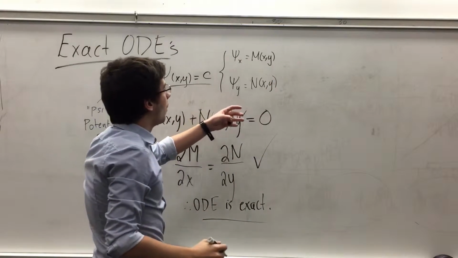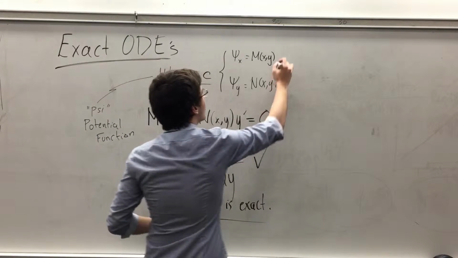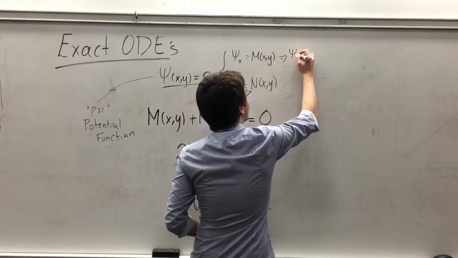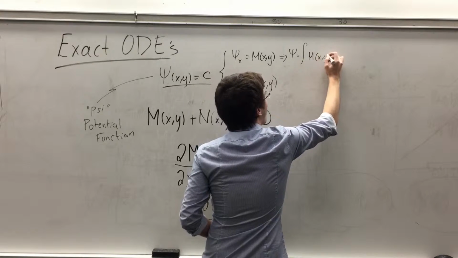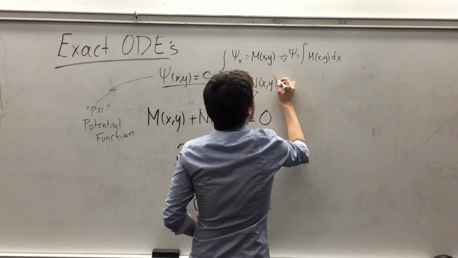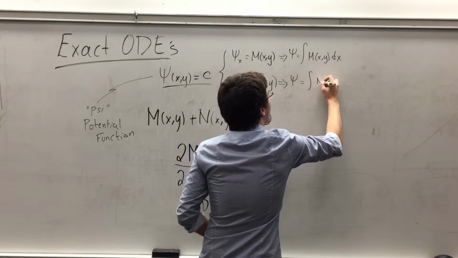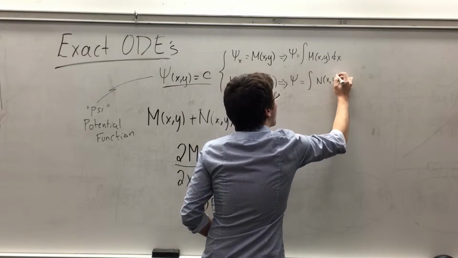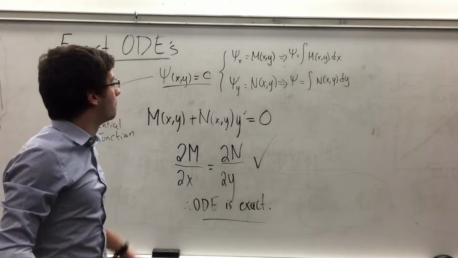So what we need to do to find psi is to integrate both of them. So psi is equal to the integral of M of x and y dx, and psi is equal to the integral of N of x and y dy. And we need to find both of them.